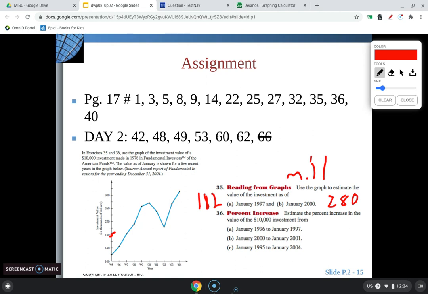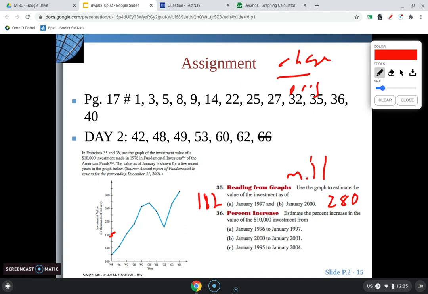All right, to find the percent increase, we're going to need to do percent increase or decrease. And to do that, you always take the change divided by the original. Okay? So the percent increase in the value of the $10,000 investment from 96 to 97. Well, 96 is here and 97 is here.